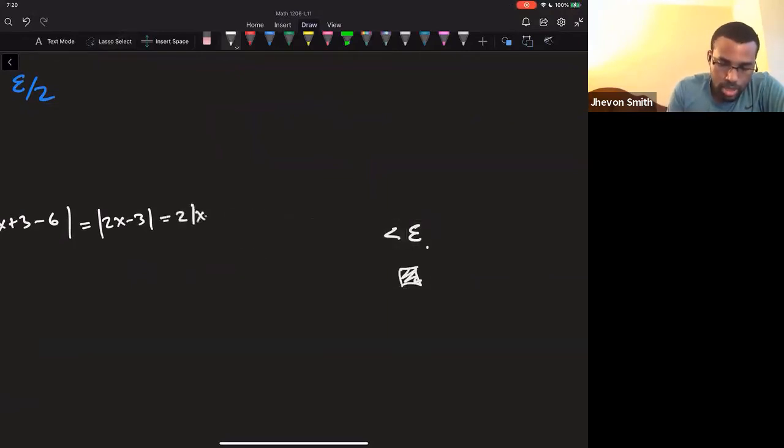Equals 2 times x minus 3 over 2. That's delta. That's 2 delta. But delta is equal to epsilon over 2. And that is epsilon.